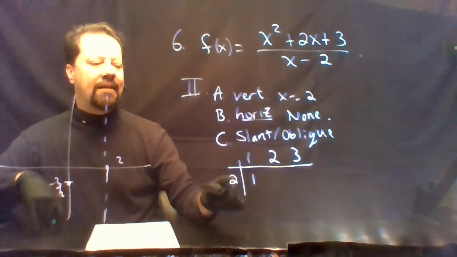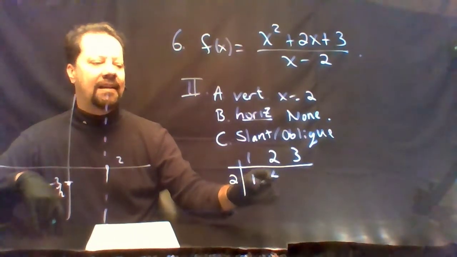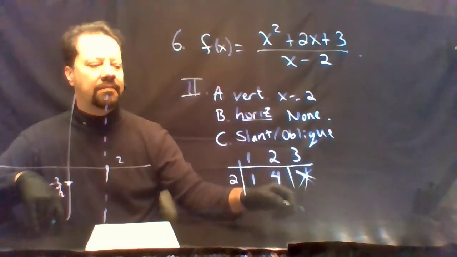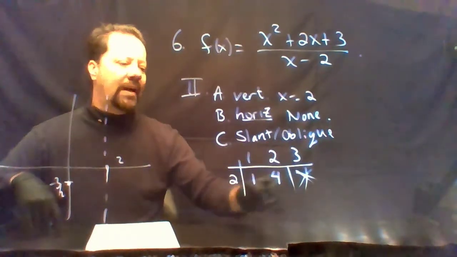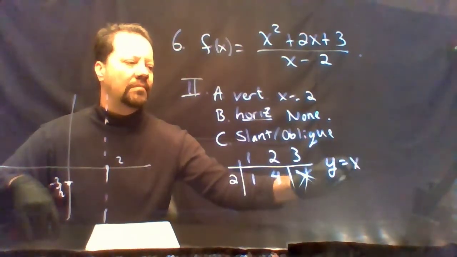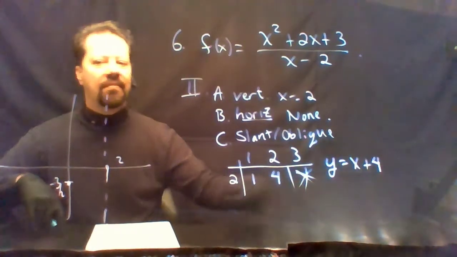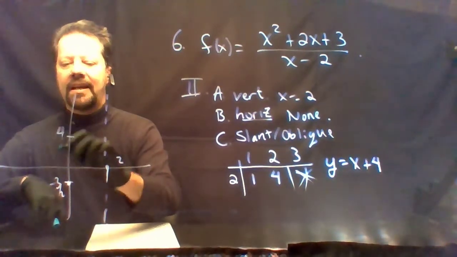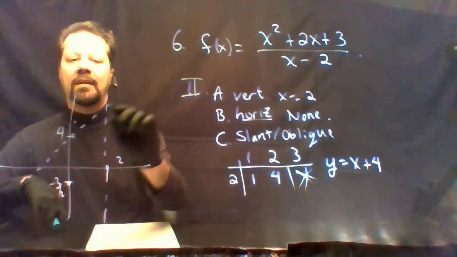Bring the 1 down, multiply, and add. You can discard the remainder, and we get y equals x plus 4 as the slant asymptote. So it's going to cross, say, at 4 with a slope of 1.